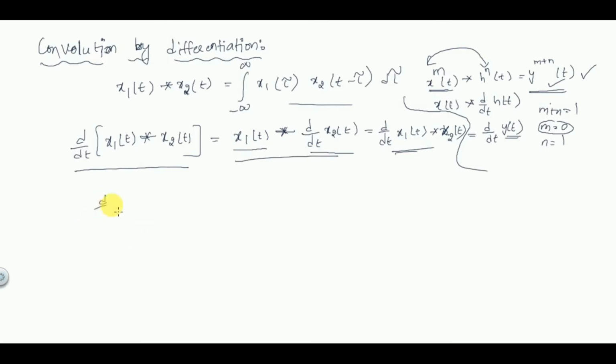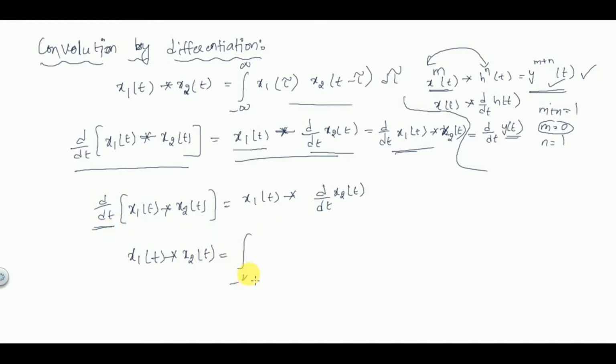So I'll take this into consideration. So what can we write? d by dt of x1 of t convolved with x2 of t is equal to x1 of t convolved with d by dt of x2 of t. Okay, so what will be the convolution then? x1 of t convolved with x2 of t. So this differentiation, if you take that side, it will become integration.